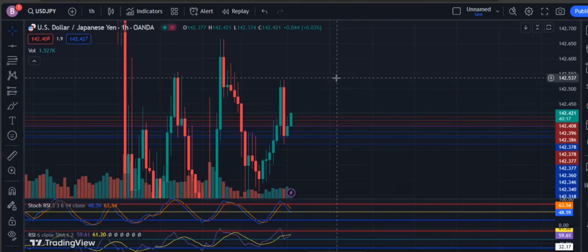So top-down analysis is giving you an idea of the previous market behavior, thereby positioning you well on the current market activity, or giving you a clue of what the price is going to do currently.